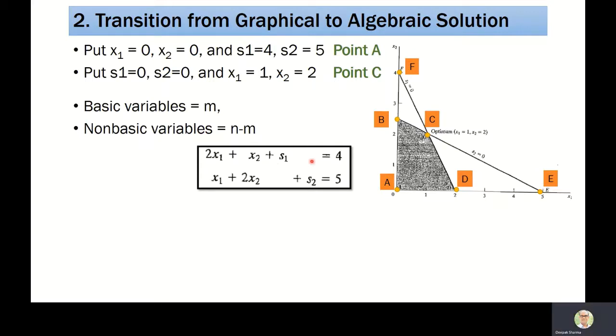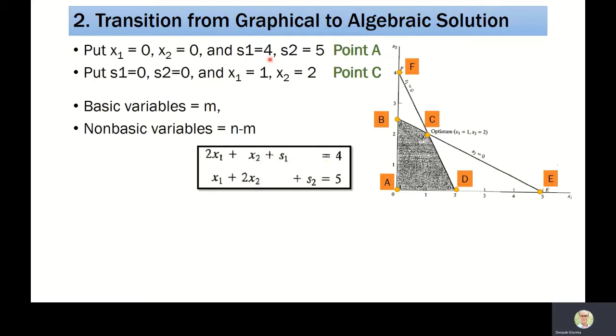Here, if we look at the figure on the right hand side, let us take a point where x1 and x2 both are 0. This corresponds to the point A, which is the origin. When we put x1 equals to 0 and x2 equals to 0, look at constraint equation 1: the value of s1 will become 4.